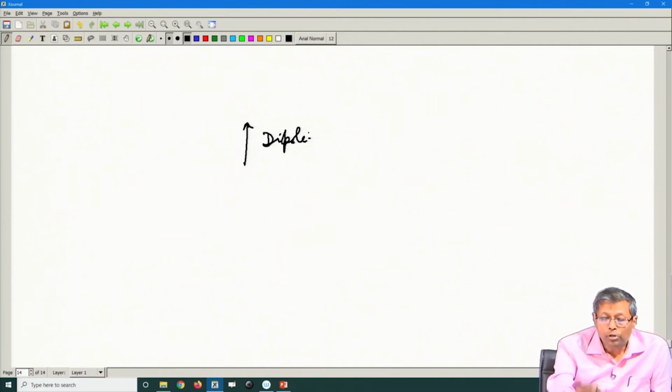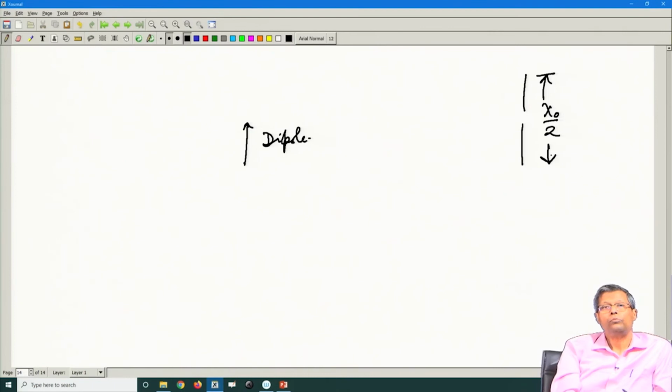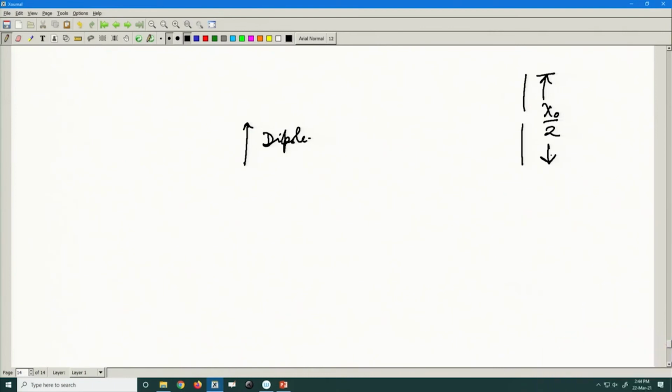So, when this dipole is radiating in free space, we all know that the resonant length of a dipole, this is a symbol, is lambda 0 by 2. So, what do we understand by resonant length?